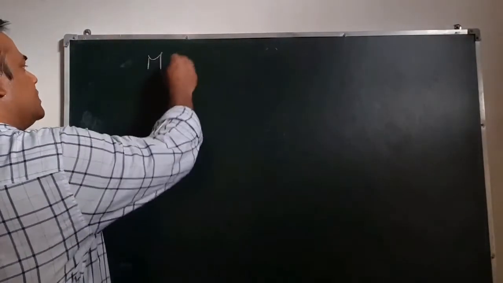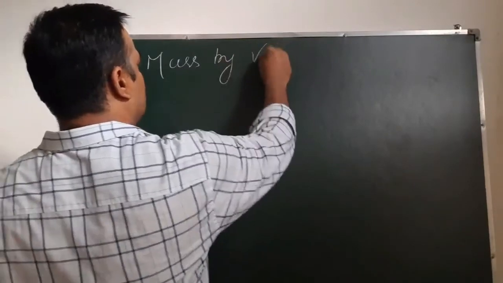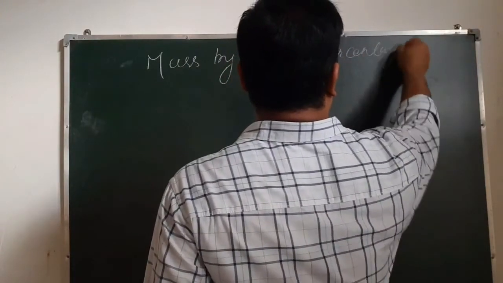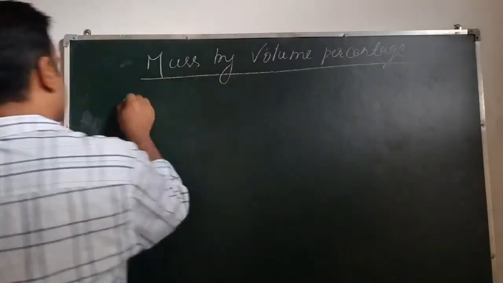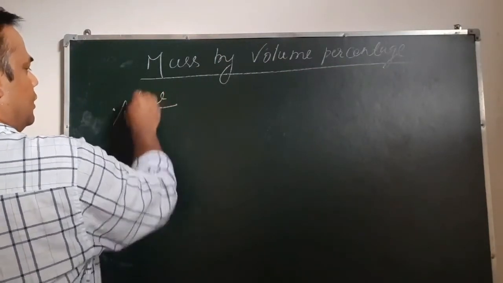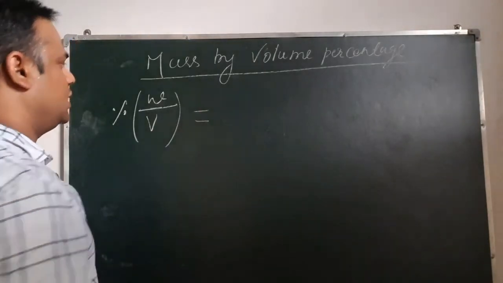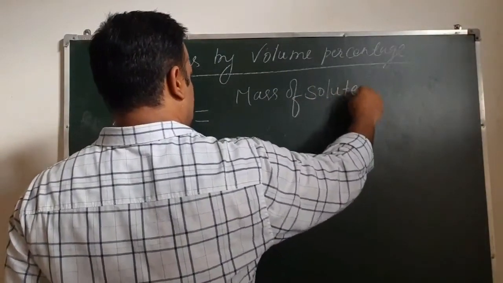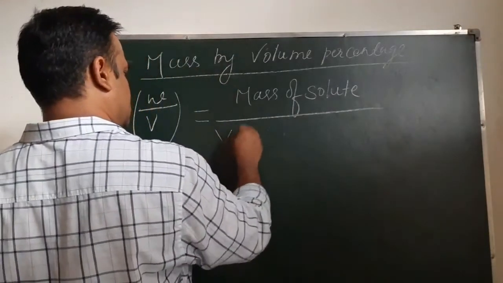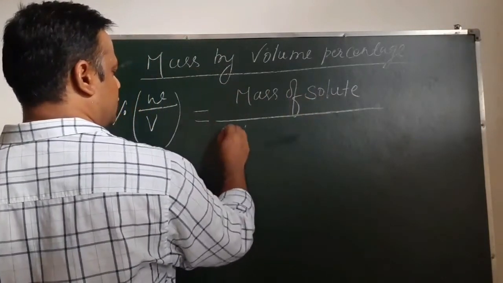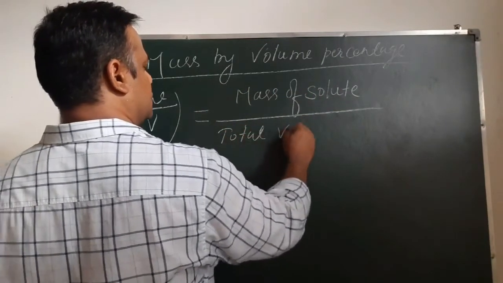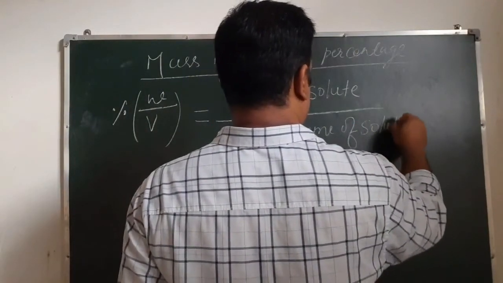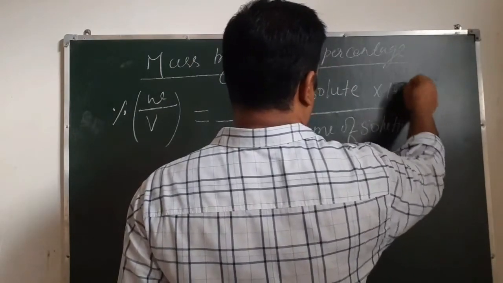Next is mass by volume percentage. Mass by volume percentage, that is percentage W upon V, will be equal to mass of solute divided by total volume of solution, and then multiplied by 100.